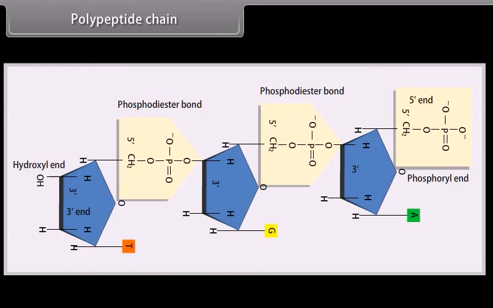A polynucleotide chain has a phosphate moiety at one free end of ribose sugar. This is known as the 5' end of the polynucleotide chain. The other free end of ribose sugar has an OH group attached. This is called the 3' end of the polynucleotide chain.